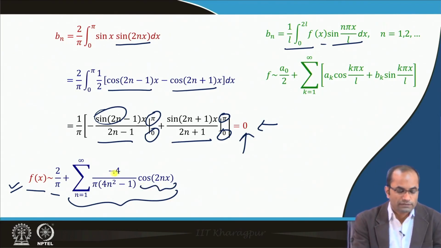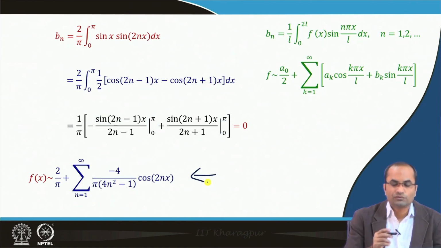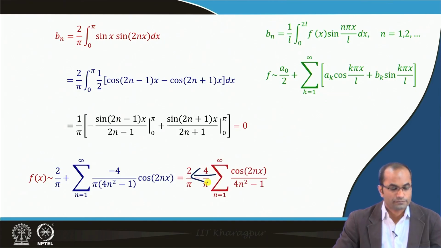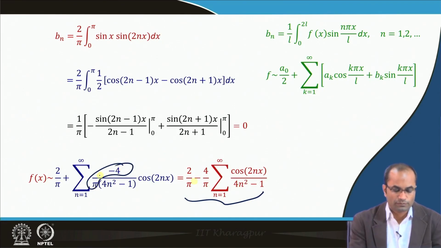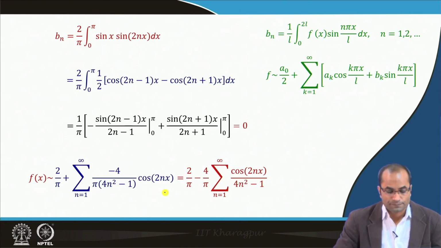Here a n is the coefficient we have just evaluated before. So we got this Fourier series when we treated the function as a pi periodic function, or we can simplify it a little more by taking minus 4 over pi outside, and then we get this series here.